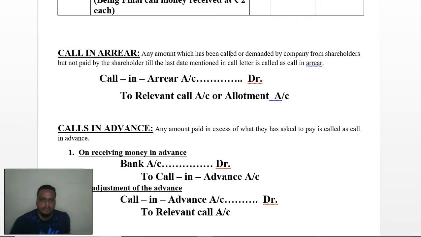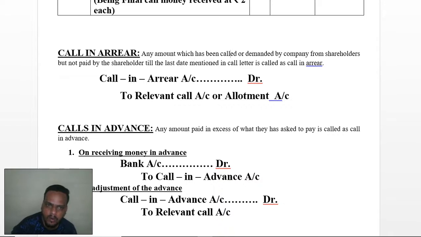Here it has been mentioned very clearly that in call in arrears, all amounts which has been called or demanded by the company from shareholder but not paid by the shareholder till the last date mentioned in call letters is called as call in arrears. Your call in arrears has been specific dates. In that particular date, if the person is not able to submit the amount, then he or she would be as a defaulter.